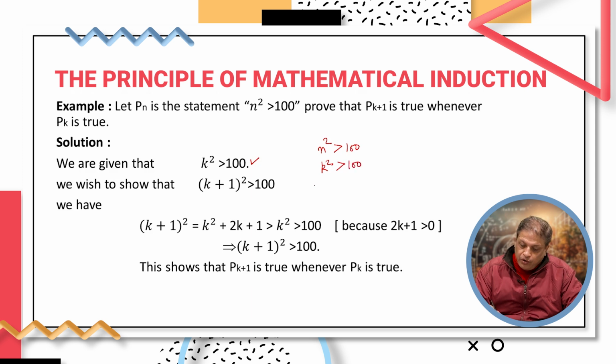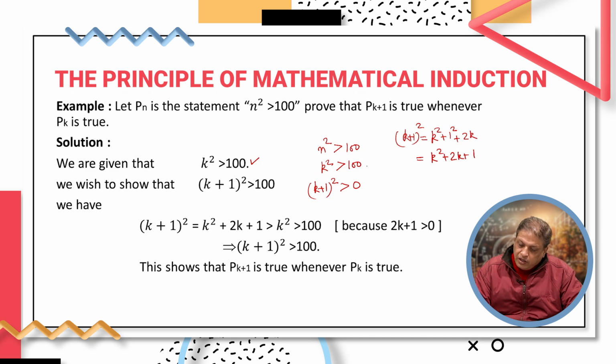If we apply it for the k plus 1 term, then k plus 1 square should be greater than 100. Expanding k plus 1 square, it is k square plus 1 square plus 2k. That means it is k square plus 2k plus 1.